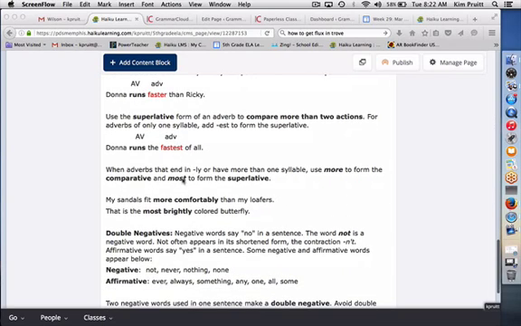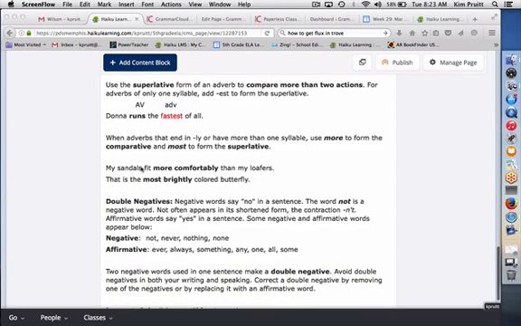Now when adverbs end in ly or have more than one syllable, that's when we don't put ER or EST at the end. You have to put more or most in the beginning. Okay, so let's look at an example. We've got my sandals fit more comfortably than my loafers. So you've got two things that you're comparing, and I wouldn't say my sandals fit comfortablier than my loafers.